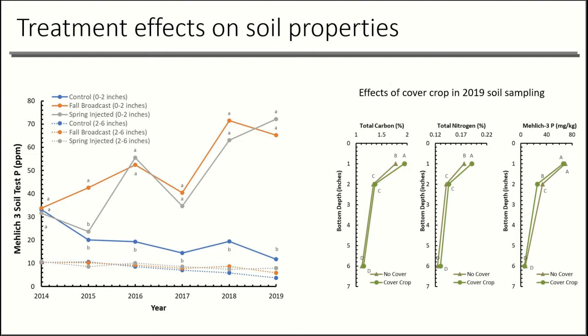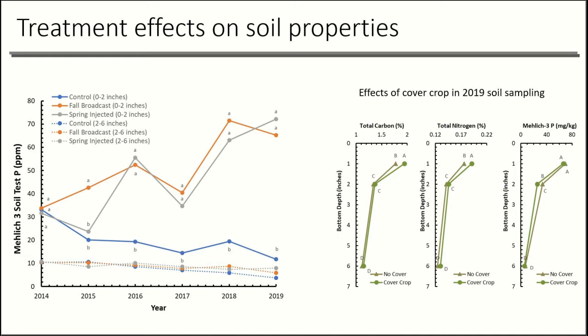These figures here show the treatment impacts on soil chemical properties. The primary impact of the phosphorus fertilizer treatment was an increase in soil test P concentrations at the surface, or at the 0 to 2 inch depth, right? The increase in soil test P was about the same for both the surface broadcast and the spring injected treatments.